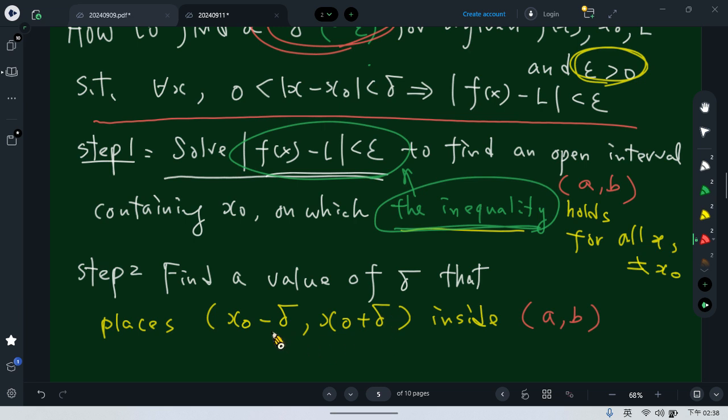So then we will get involved into 2 steps. Step 1 is, please just try to find the answer from the bottom, from the final result, from this inequality first.